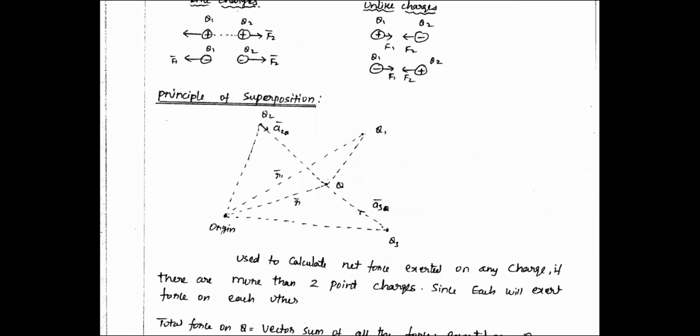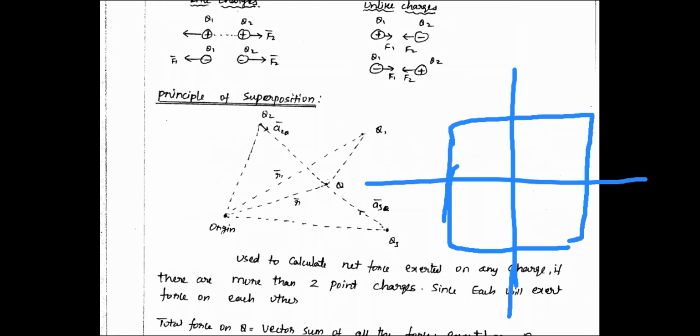Take a 2D coordinate system. For simplicity, I am giving you only 2D, not going to 3D. Please note this down in your notes, then only you will understand and appreciate these concepts.